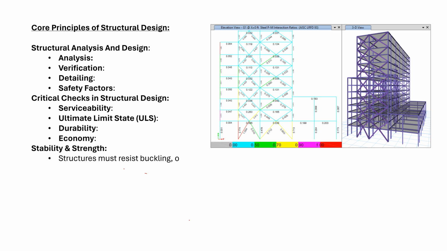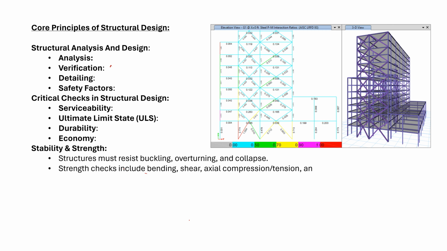Verification is the checking against code requirements like Eurocode, ACI, British Standard, etc. Deflection and drift also will be checked. Detailing provides the reinforcement layout of connections and joints for construction.